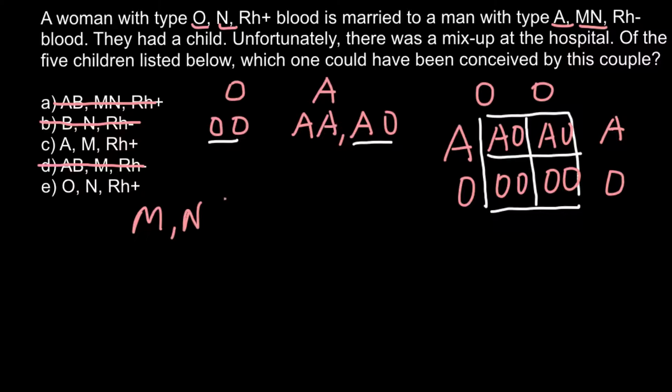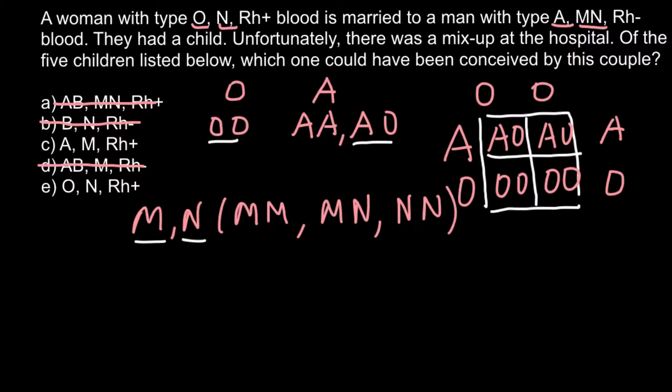The first one would be MM, the second one would be MN, and the third one would be NN. So these are the 3 genotypes made by 2 alleles.